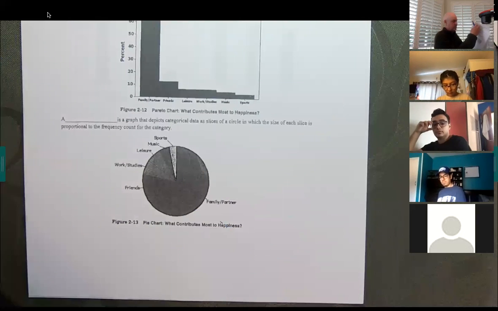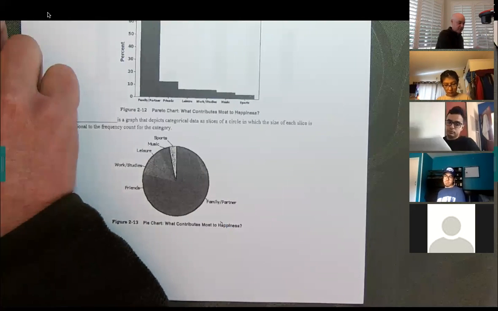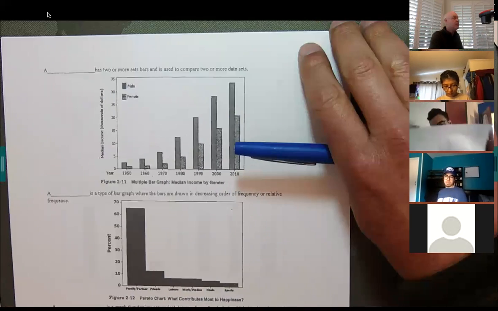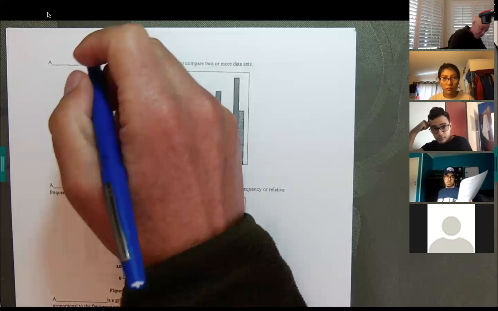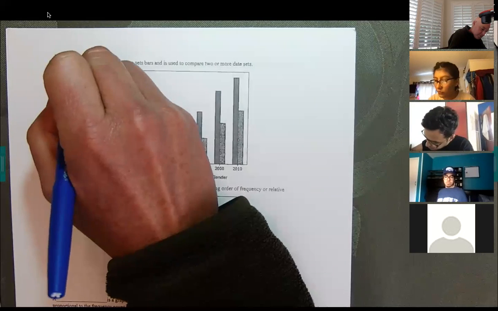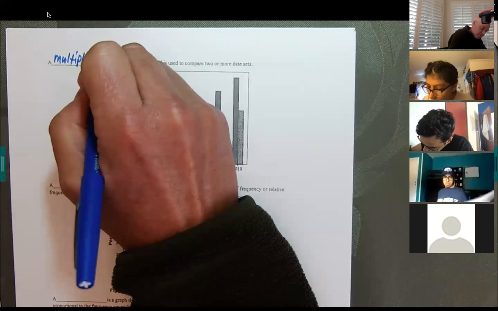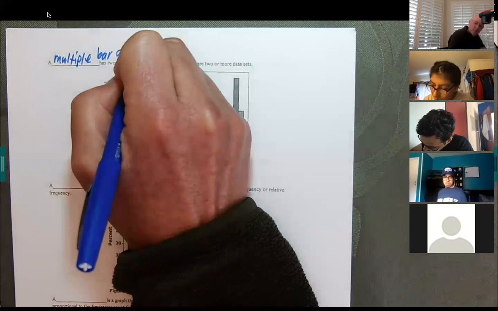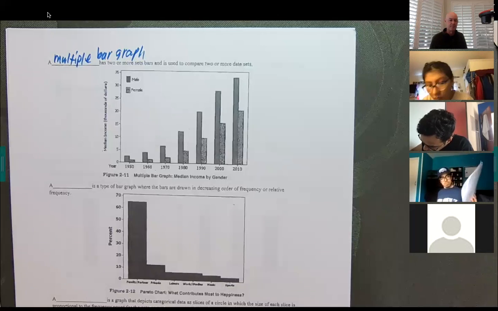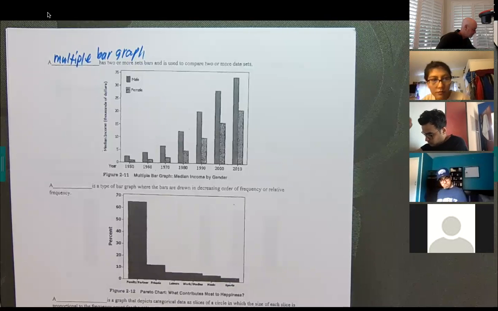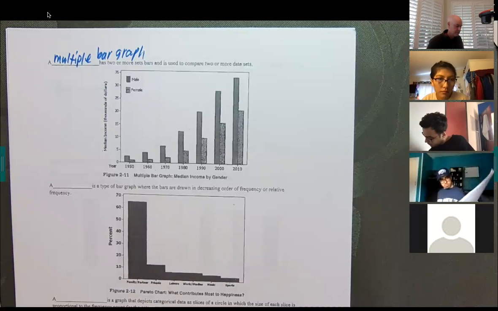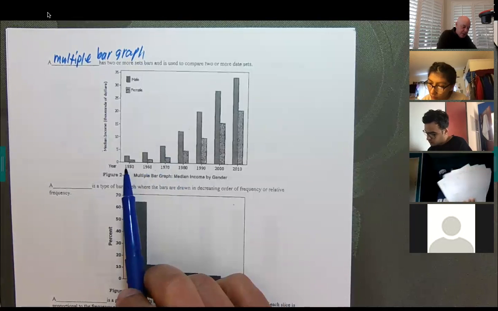These last few, I'm not going to spend a lot of time on them. This first one's called a multiple bar graph. And you can see this is directly comparing two different things.